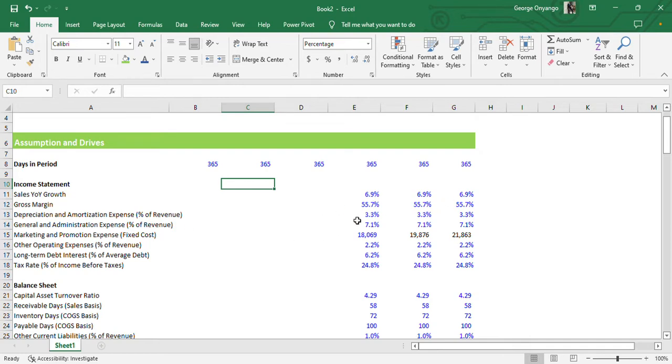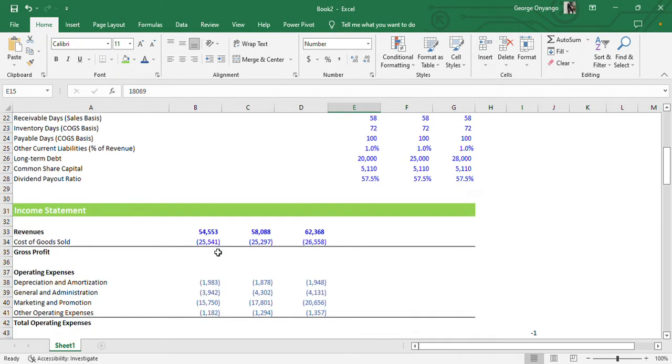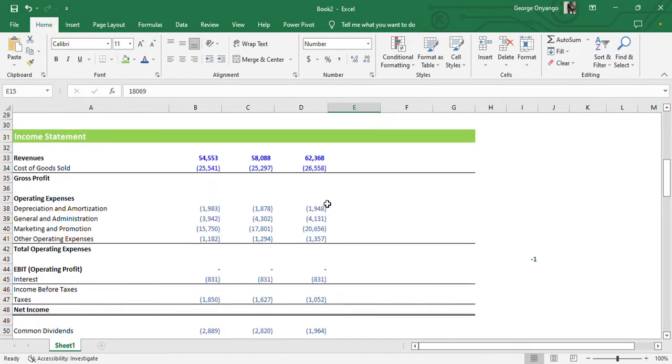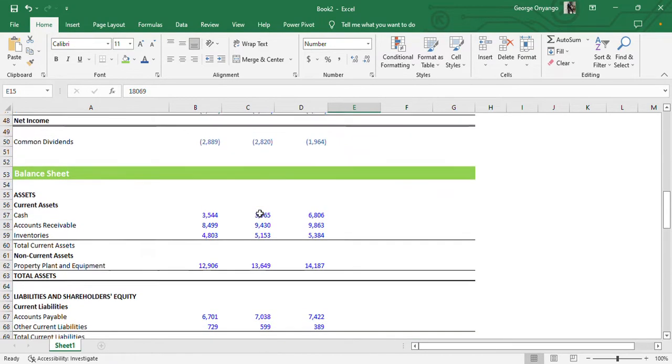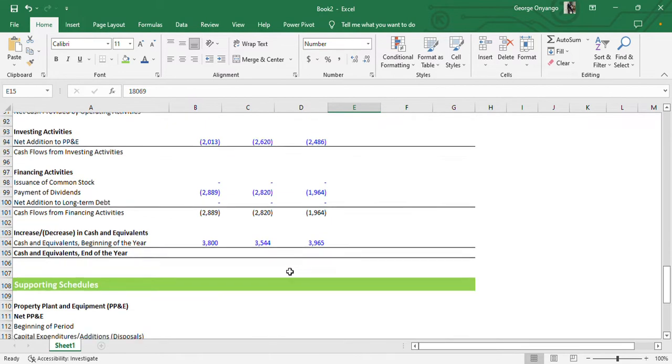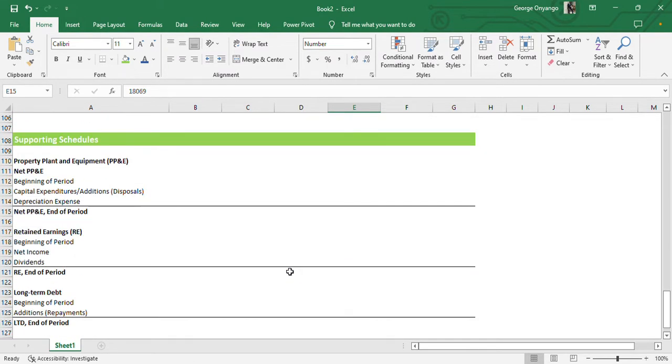Gross margin is going to be 55.7 across the next 3 years. As you can see, all of them here. And we also have revenues. We have the income statement, we have balance sheet, we have cash flow statement and supporting schedules.